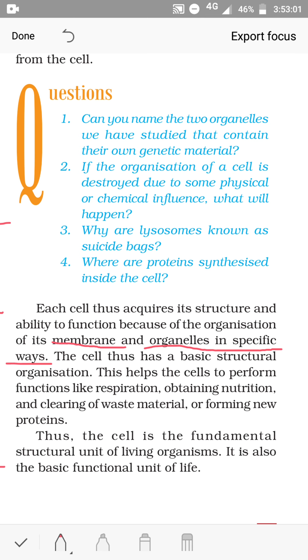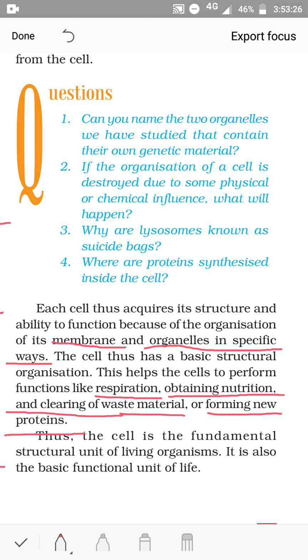It may be respiration, obtaining nutrition and clearing the waste materials. Today we read about some of these, like respiration. Mitochondria helps in respiration, obtaining nutrition and clearing of waste materials, or forming new proteins. These are all various functions performed by specific parts of the cell.